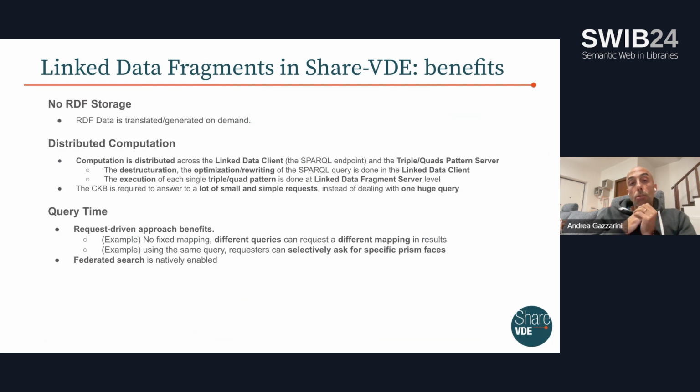We have a distributed computation because we have a lot of replicated, simple triple pattern servers that are supposed to receive an important number of requests, but very simple ones, because a triple pattern request is a request where the service accepts a subject, a predicate, and an object, and potentially each of them could be a wildcard. Okay?